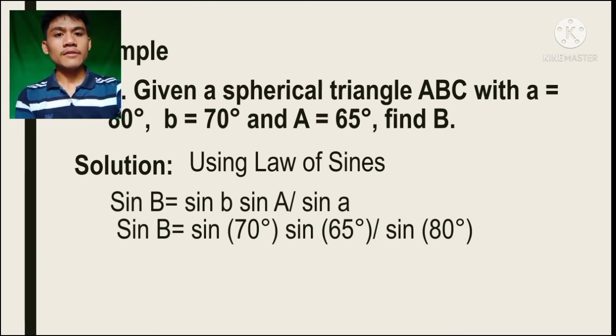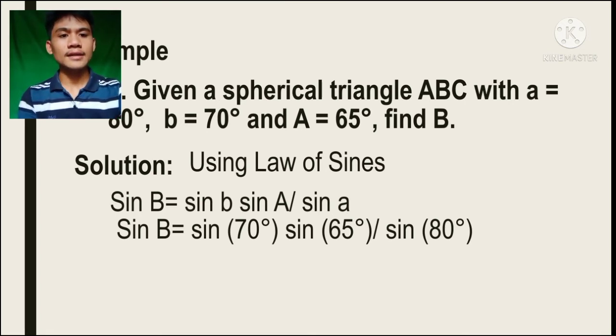We have sine B is equal to sine 70 degrees, sine 65 degrees as our angle A, all over sine 80 degrees as the value of our side a.